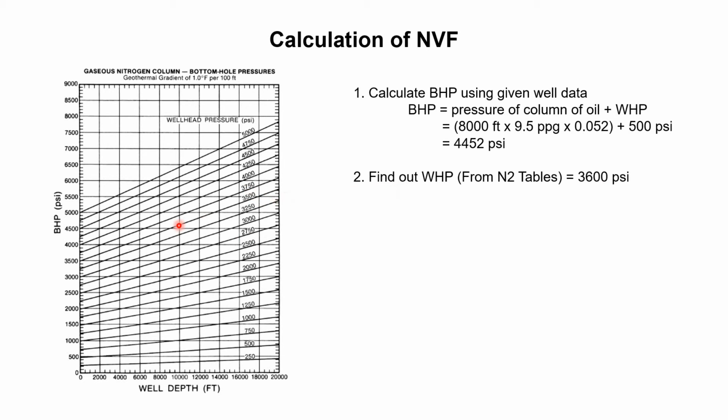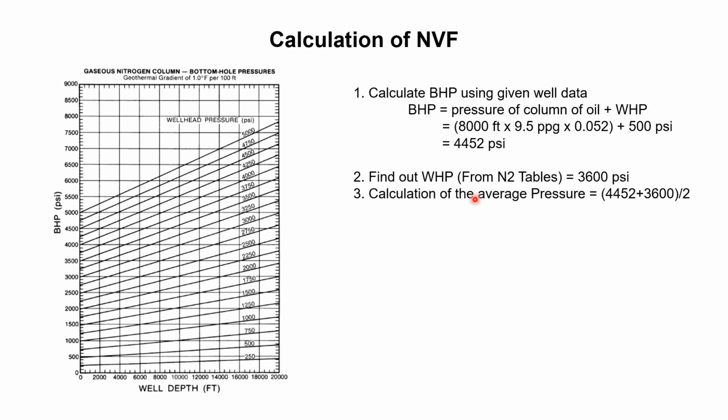We have to just approximate the value. So we'll have 3600 psi. That is the wellhead pressure. The concept of this pressure is that when we pump nitrogen against the 4452 bottom hole pressure, our surface pressure of the nitrogen will be 3600 psi. So we have to calculate the wellhead pressure for this bottom hole pressure at 8000 foot depth.